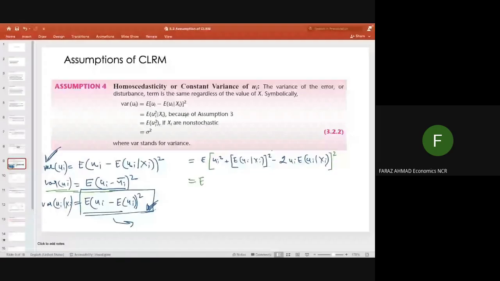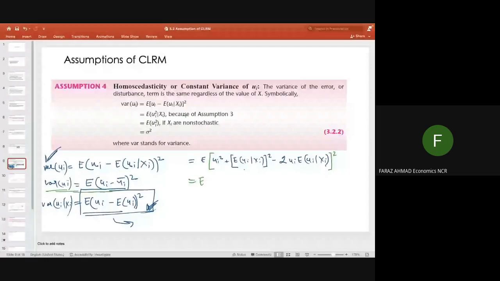Now, still we want to solve it a little bit. Okay, this becomes ui squared because this is 0 and this is 0.